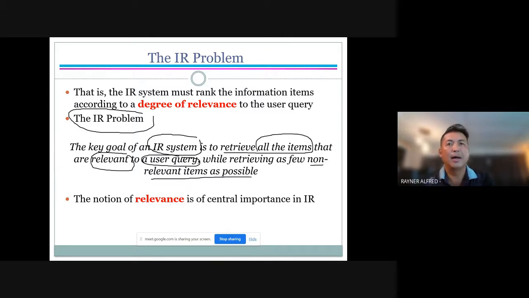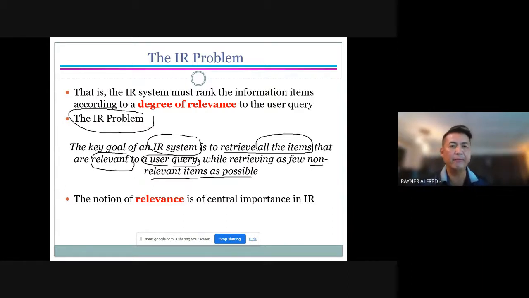So if you compare with database, all of you have taken database, kan? We are using the SQL statement in order to retrieve the data. But either you get the data or none, because they are based on exact matching.